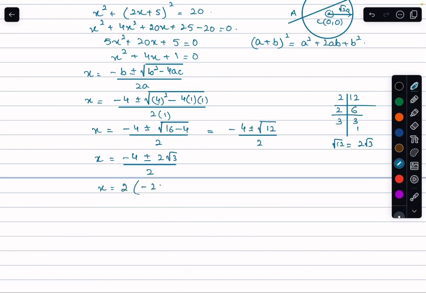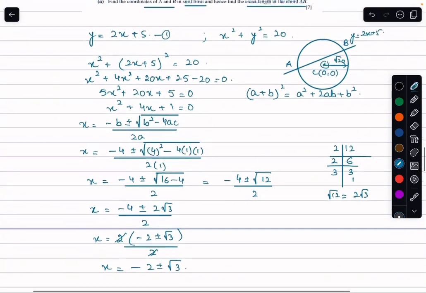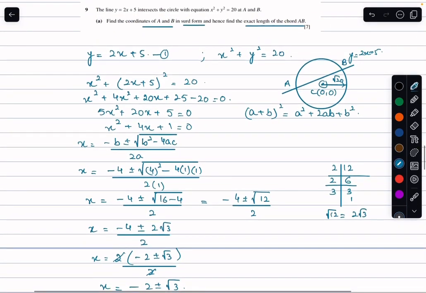I'll be left with minus 2 plus minus under root 3, divided by 2, and the two x coordinates for A and B are negative 2 plus minus under root 3.